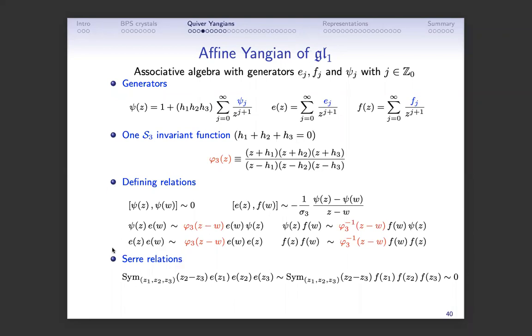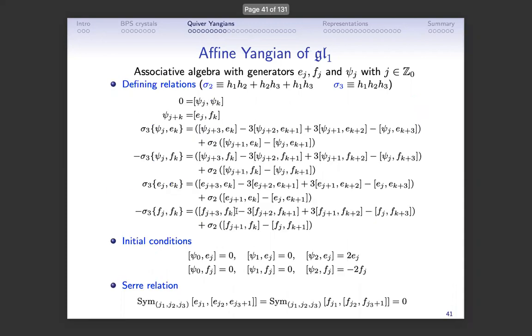This looks a bit like the OPE relation of the CFT. To convert to the mode relation, you just expand on both sides and then take the singular part, which is this here. The parameters sigma 2 and sigma 3 are defined here.